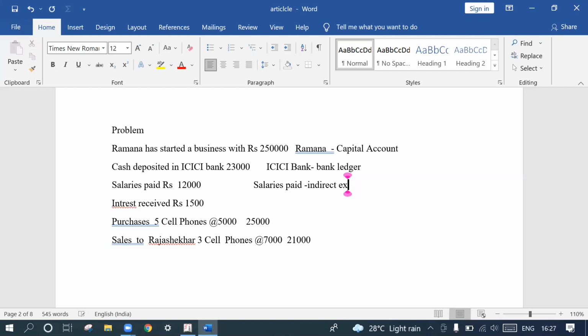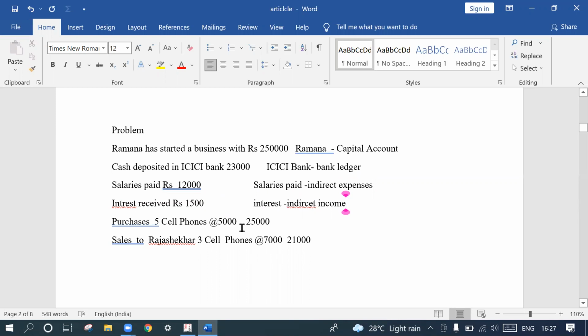Indirect expenses. So, now I'm moving further. And interest received is indirect income.